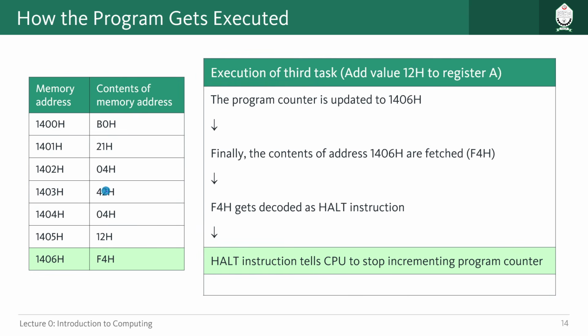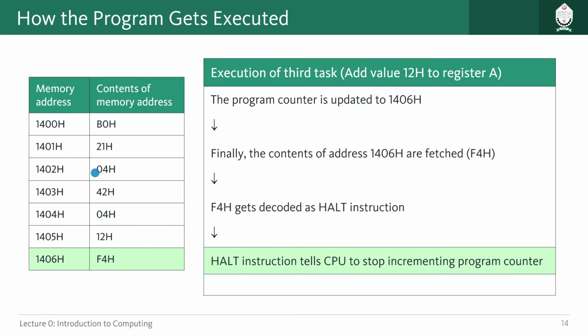But if that value is kept here, how will our CPU distinguish between 04H being a code or 04H being data? Because in 1402H the CPU already decoded this particular information as an instruction, right?